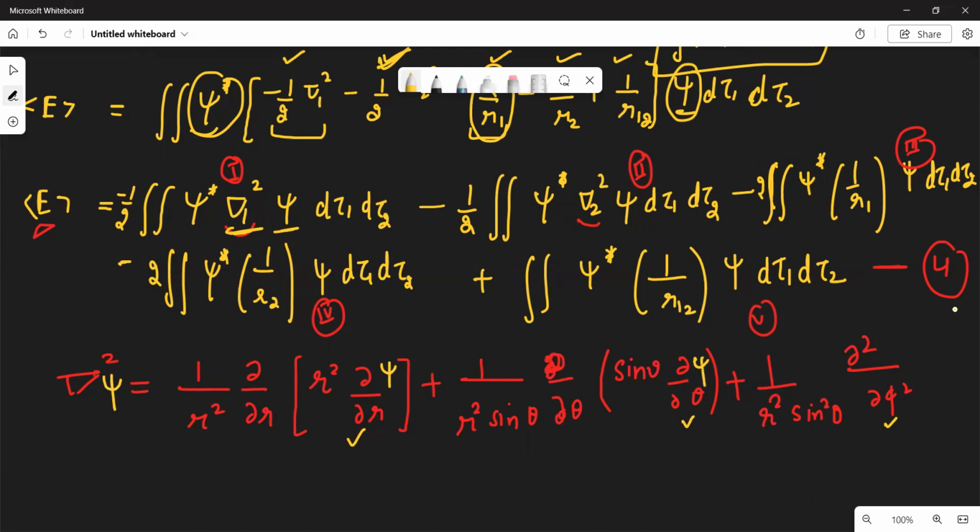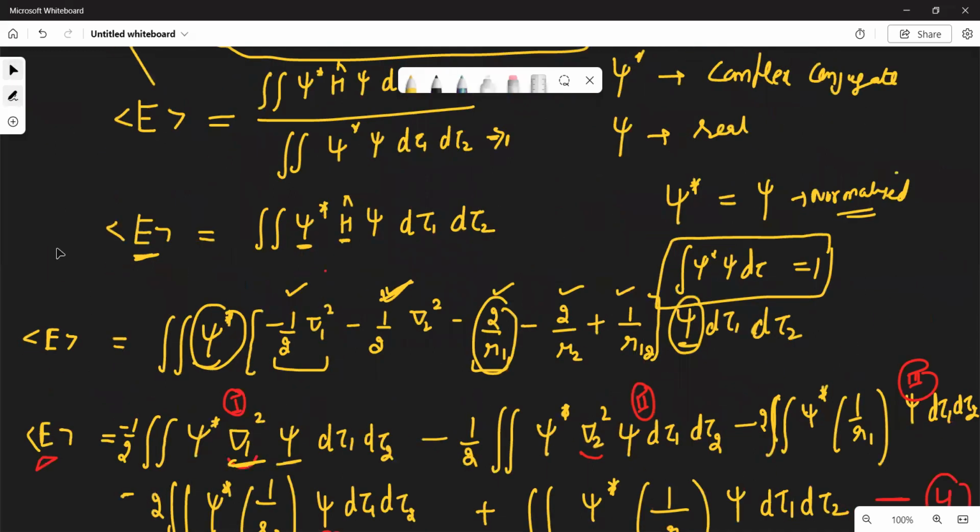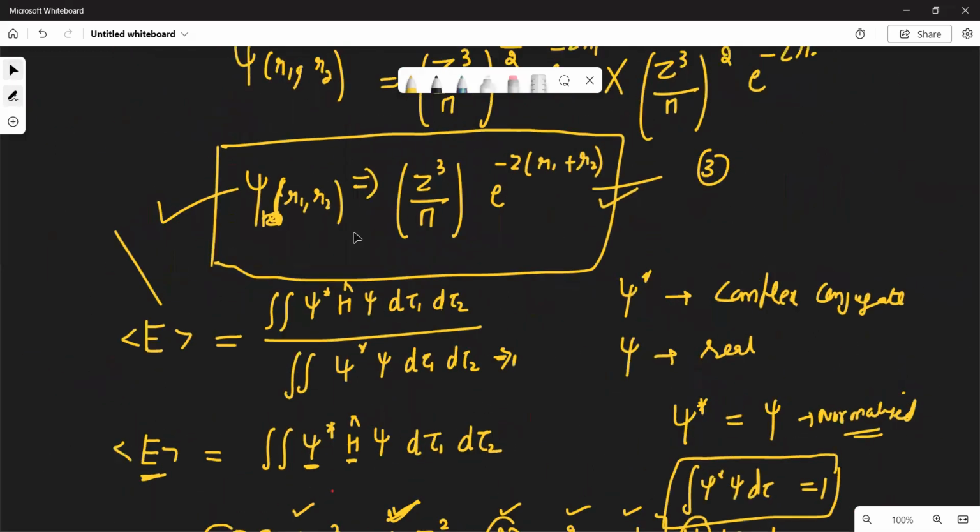So students, you can see in the wave function of helium atom, I'll show you the expression here. In the third equation, you can see there is no theta and no phi part, right? If there is no theta and no phi part, that means the differentiation of the wave function with respect to theta and with respect to phi will be 0.